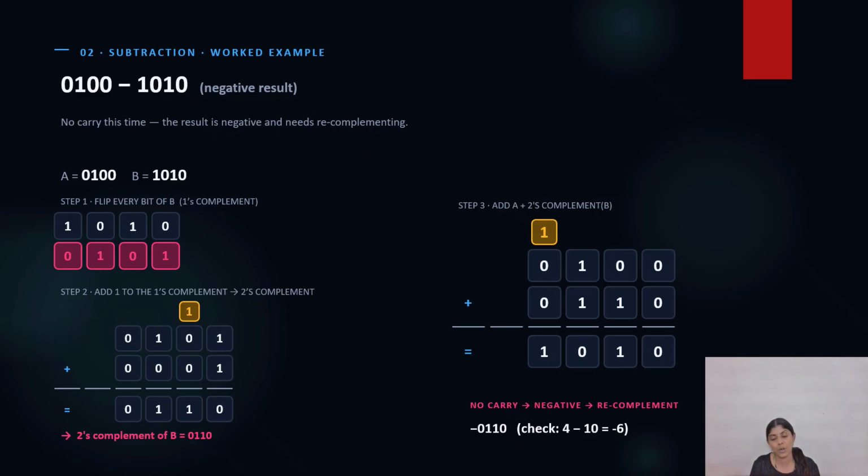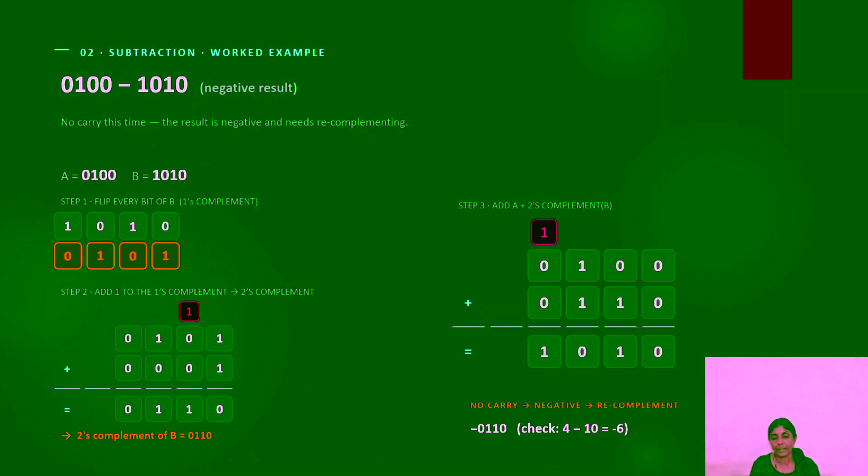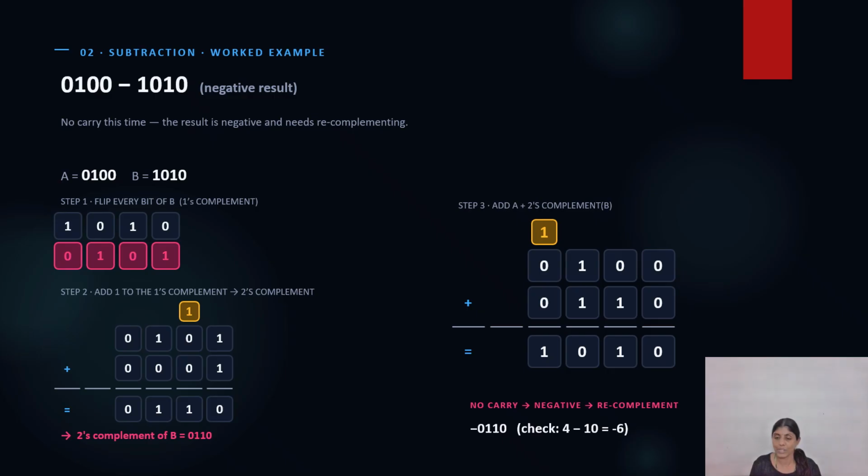So what is the ones complement of the actual result? 1 will become 0, so the MSB is 0. The next bit 0 becomes 1. Towards the LSB, the third bit 1 becomes 0 and the LSB 0 becomes 1. So what is the value? 0, 1, 1, 0, right?